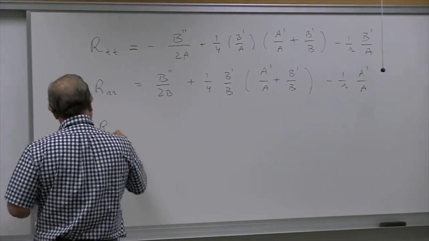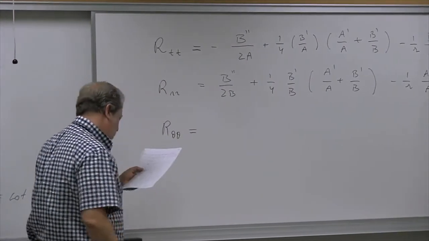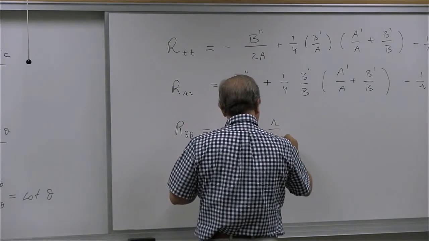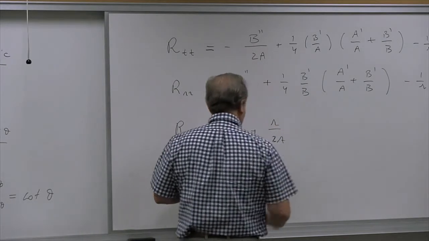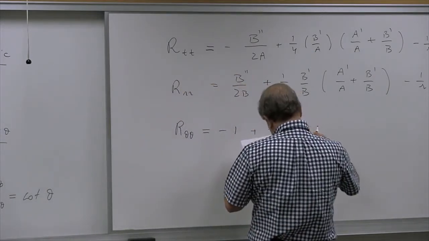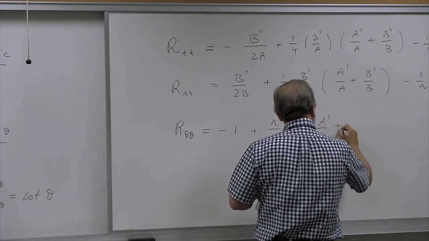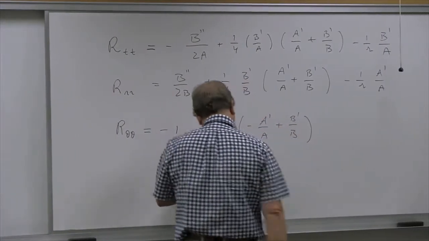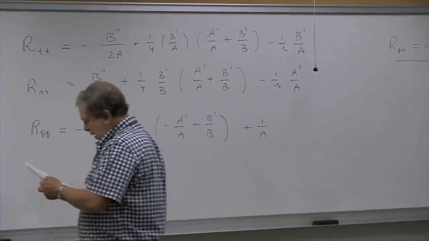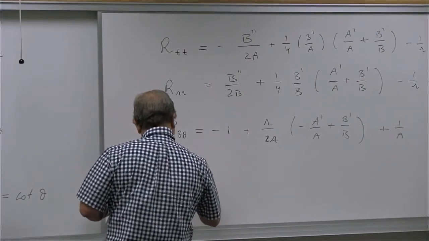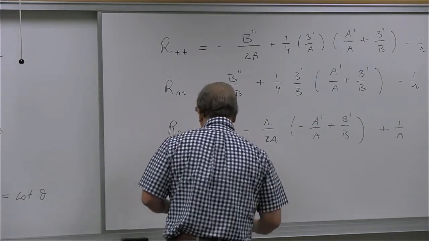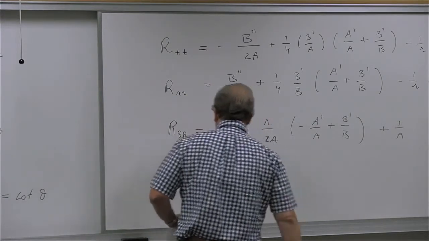And then we have R theta theta, which is equal to minus 1 plus R divided by 2A, times minus A prime over A plus B prime over B, plus 1 over A, and R phi phi, which is equal to sine squared theta times R theta theta, right?